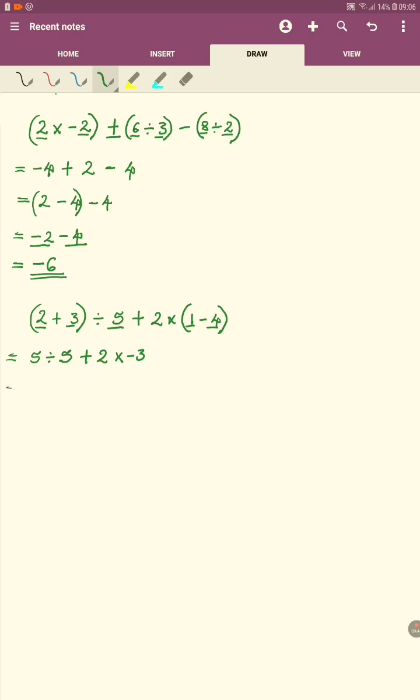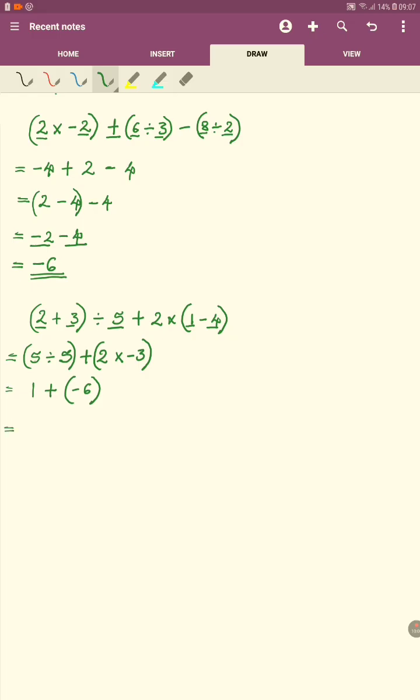So next you're going to put division and multiplication inside the brackets. Here you say 5 divided by 5, you get your answer as 1. And here you say plus, then you say 2 times minus 3, you get your answer is minus 6.